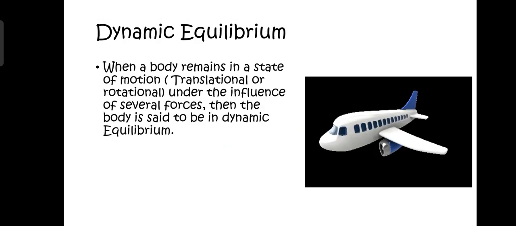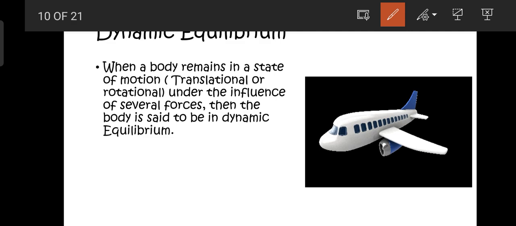Now dynamic equilibrium. When an object remains in a state of motion, translation or rotational, under the influence of several forces, then the body is said to be in dynamic equilibrium.